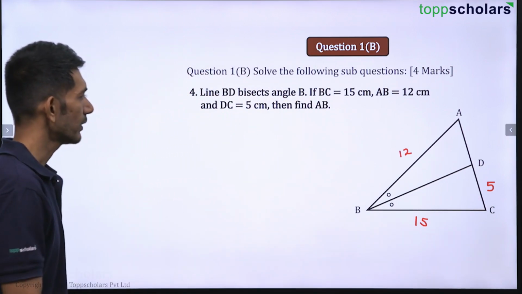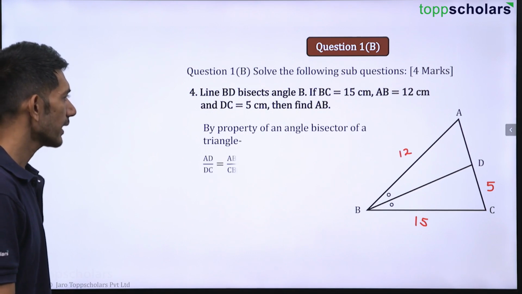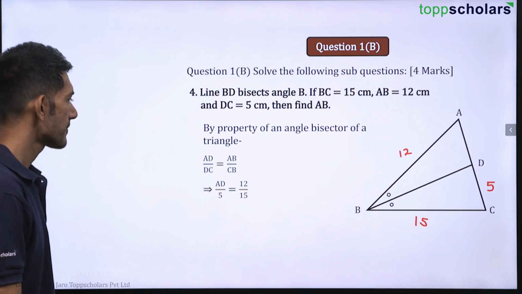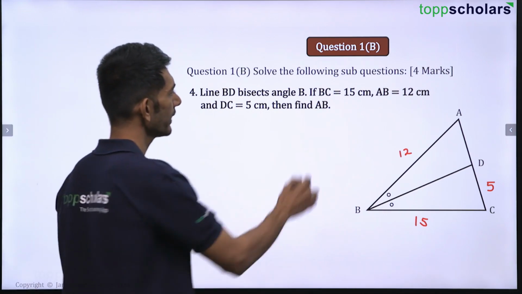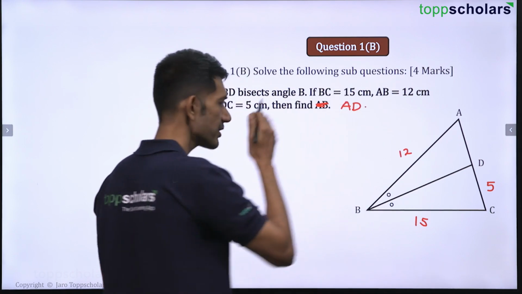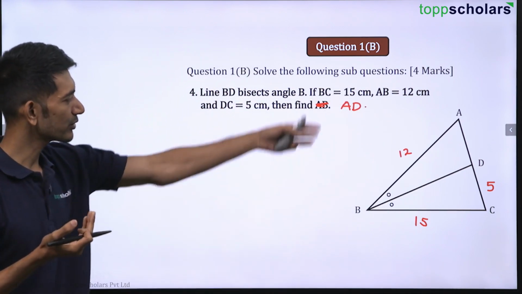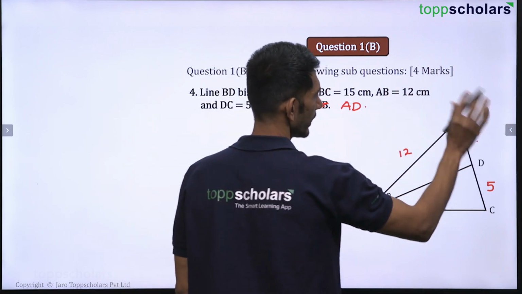What are we supposed to find out? Okay, it's not AB. We are supposed to find out AD. Please make a change. We are supposed to find out AD because AB is already given as 12.